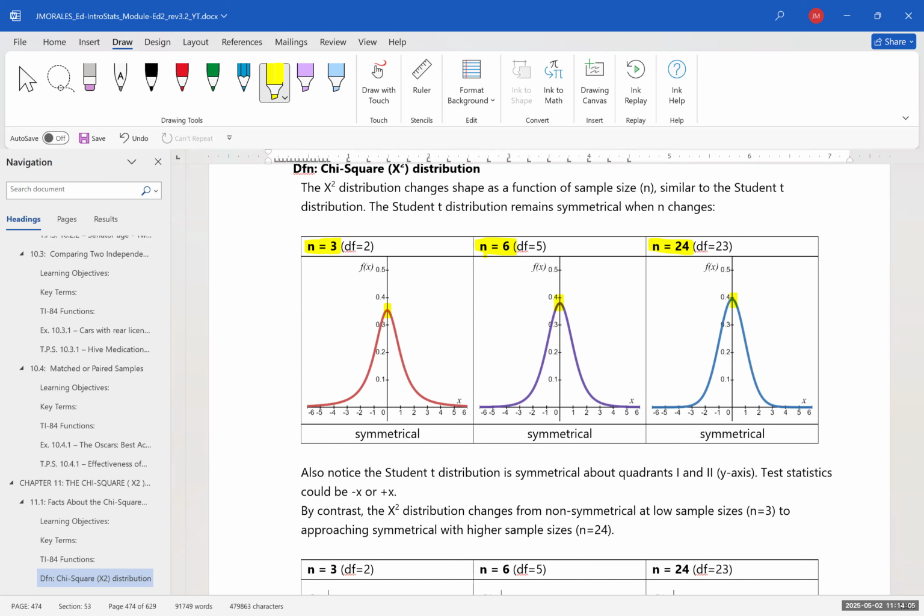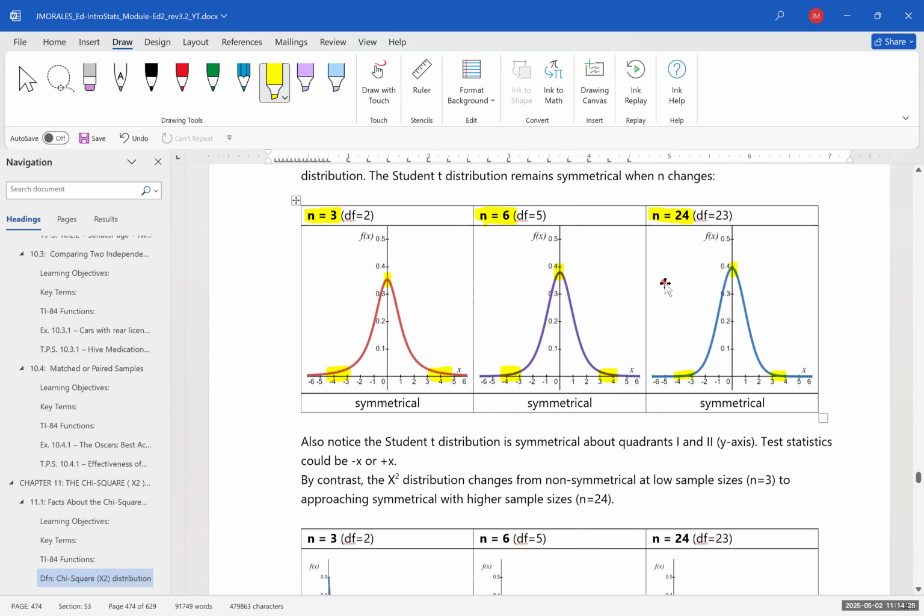And as sample size goes up also, the tail of the distribution gets a little thinner. Okay, so the student's t-distribution tends to shapeshift a little bit. And the higher the sample size gets, the closer it approximates a normal distribution.